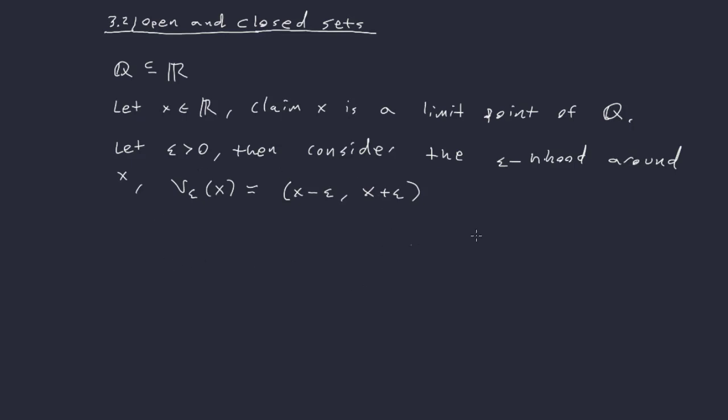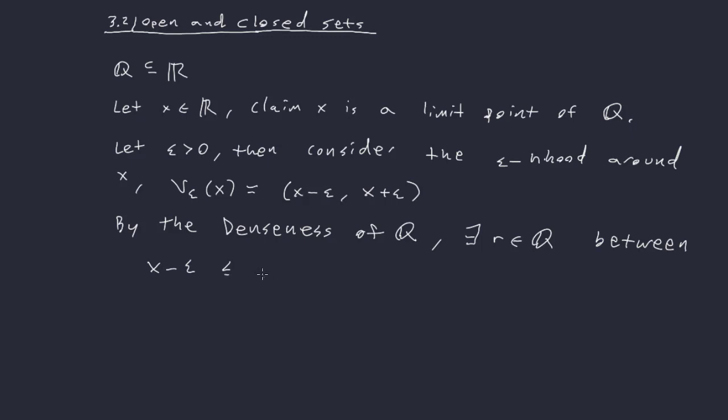All right, now by the denseness of Q, there exists a rational number between x minus epsilon and, it should be strict inequalities there, but by the denseness we can find a rational that lives between x minus epsilon and x plus epsilon, and we can do that for any epsilon.